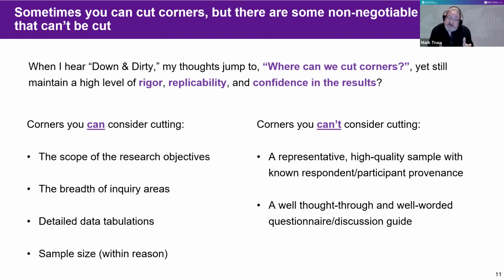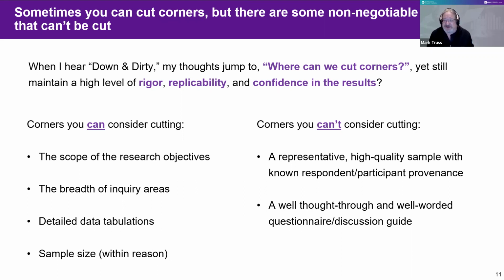So even within one narrow objective, there's 50 things that need to be understood. If you're producing data, how detailed should that data be? And then you could also think about sample size within reason, right? Because there become caveats. Once your samples get too small, validity becomes an issue, a significant issue.